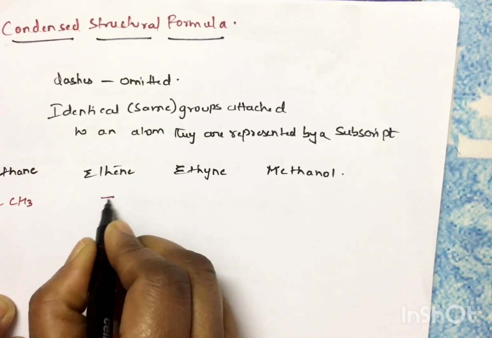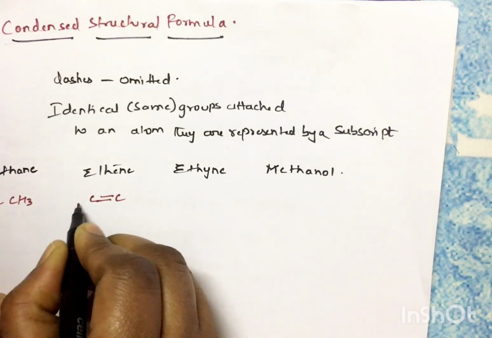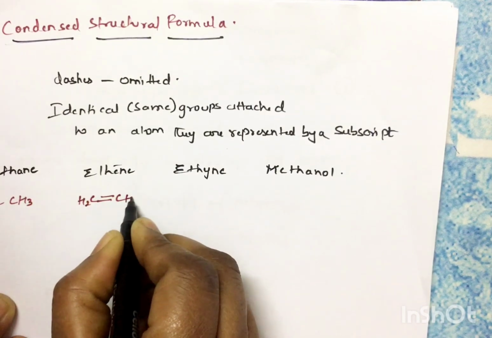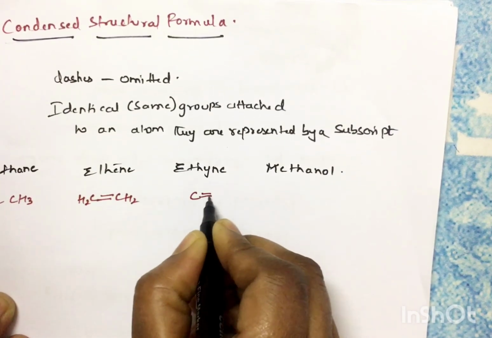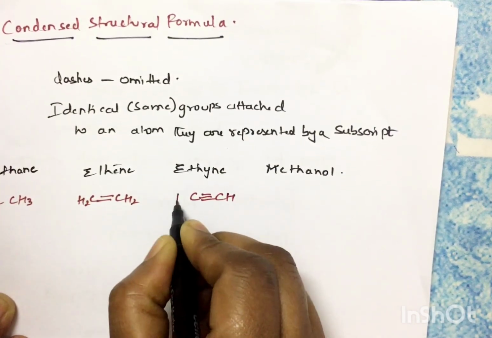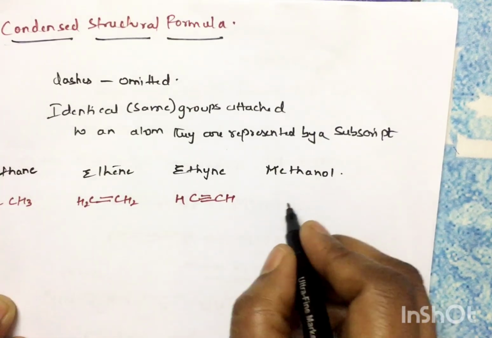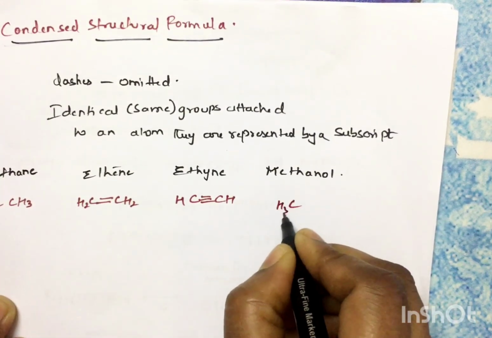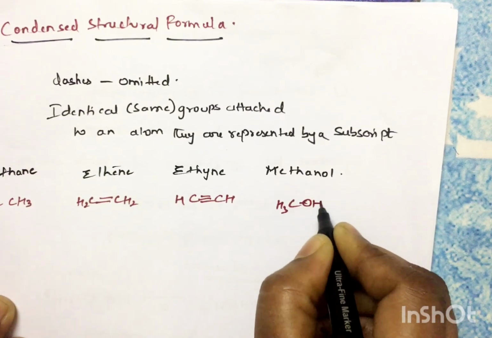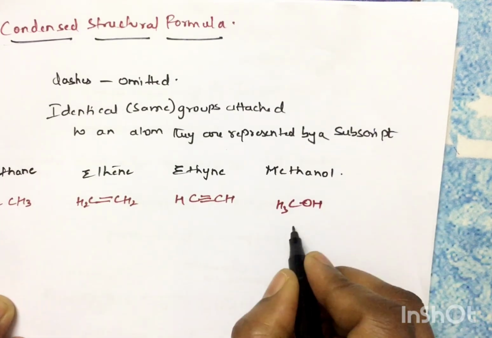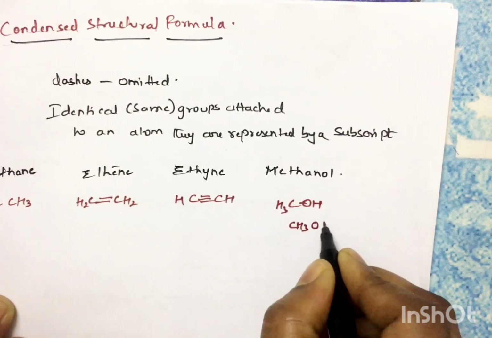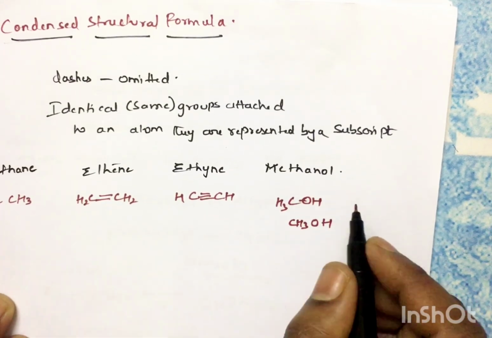For ethene, a double bond is present between the 2 carbons, so it is represented like this. If a triple bond is present between the carbons, it should be represented like this. So this is the way of writing condensed structural formula. For methanol, it can be written as CH3OH, or it can also be written like this. So this is the way.